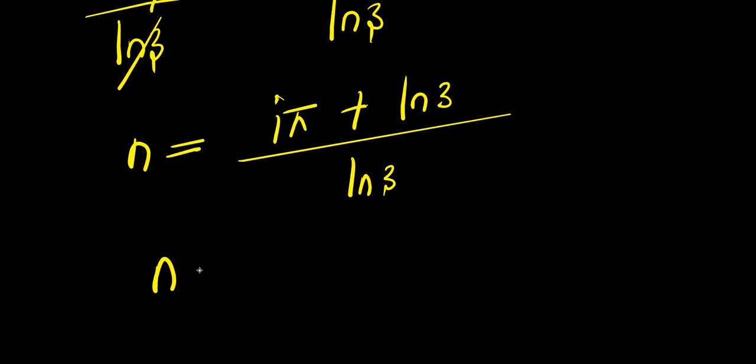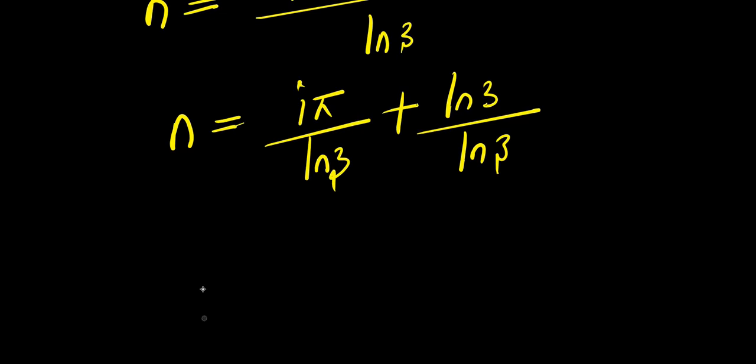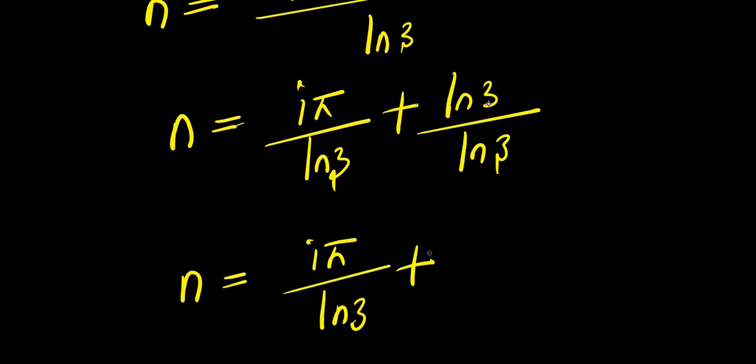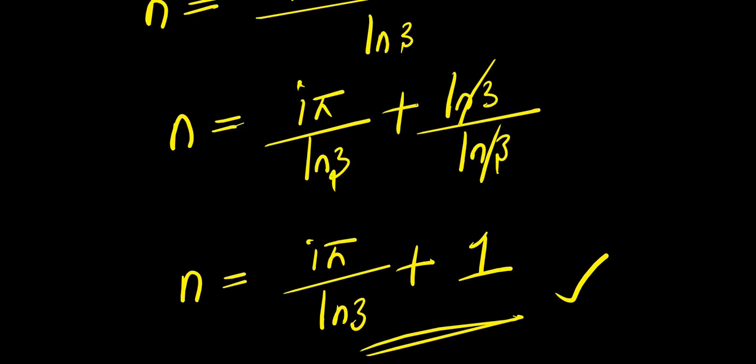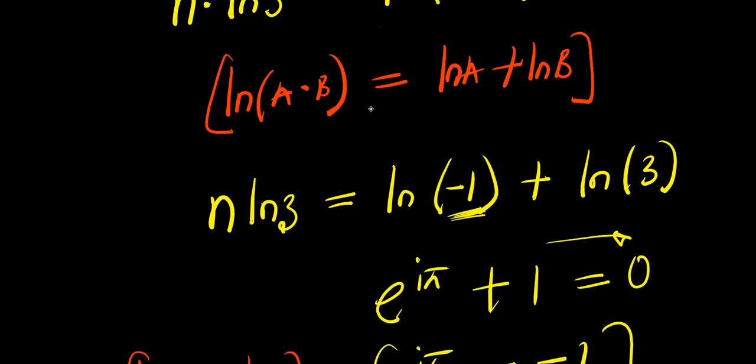From here, I have n equals I times pi divided by natural log of 3 plus natural log of 3 divided by natural log of 3. From here, I have n equals I times pi divided by natural log of 3 plus, this divided by this, I have 1. This is my answer. What did you get? Did you get the same thing?